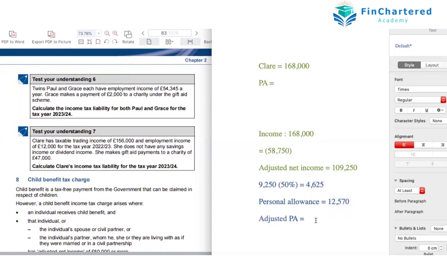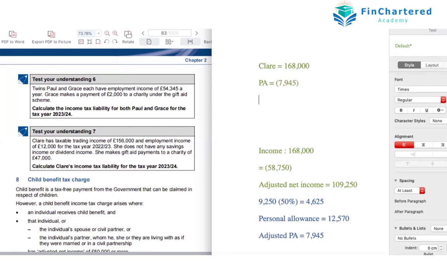So how much is it? 7,945. So your personal allowance now comes down to 7,945. So we know what the personal allowance is, and we're going back and saying that the personal allowance is 7,945. Therefore, the taxable income is how much?